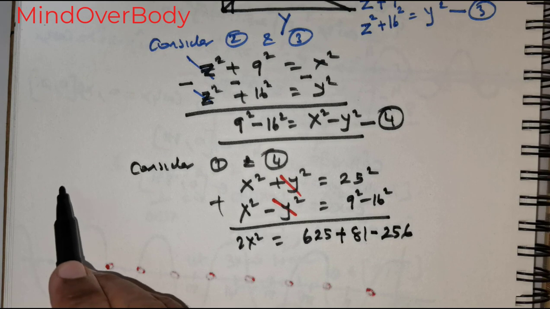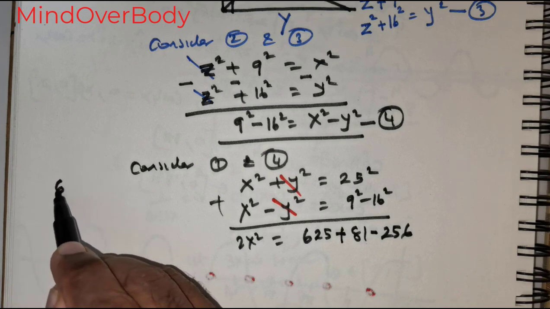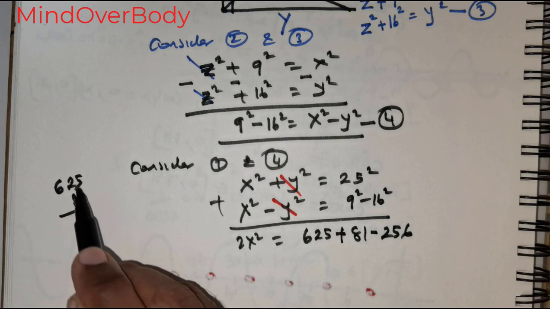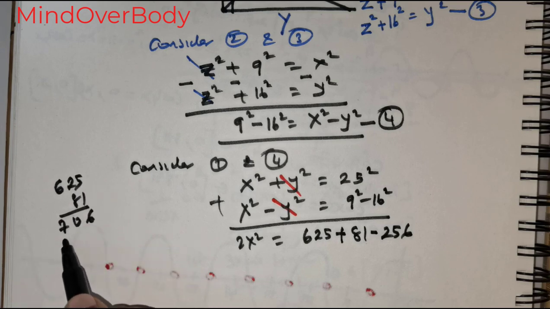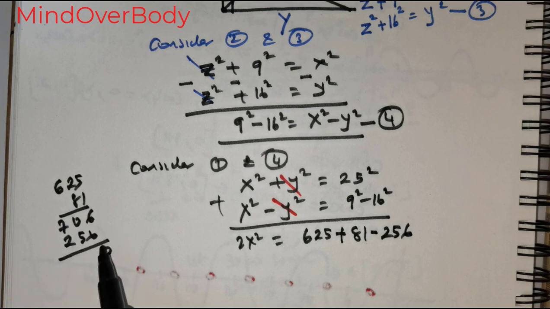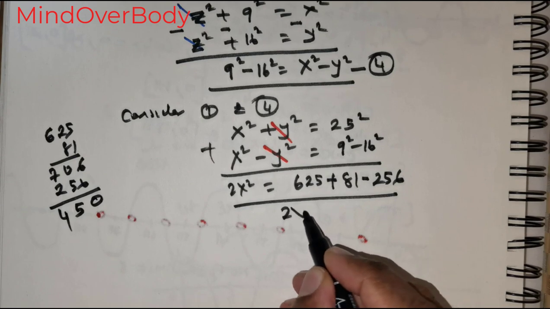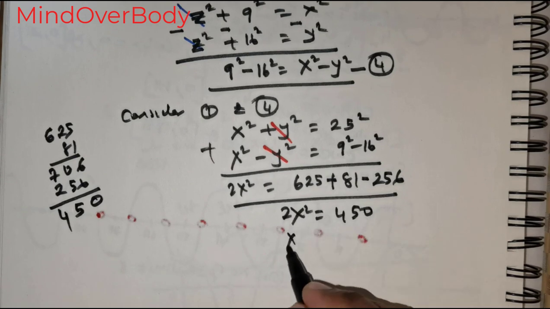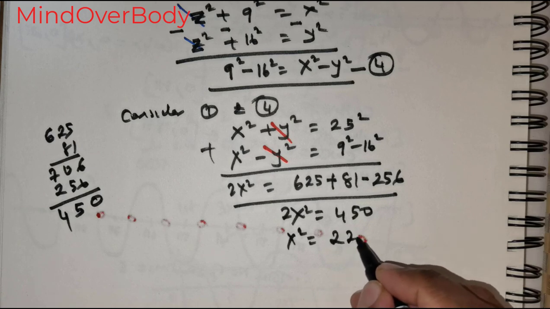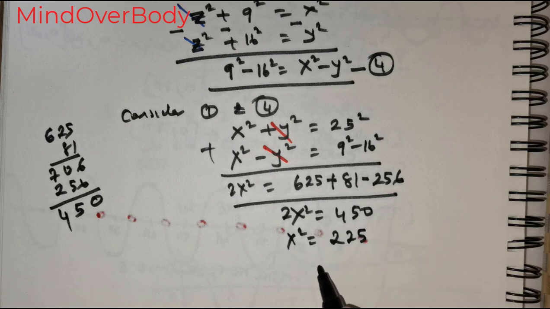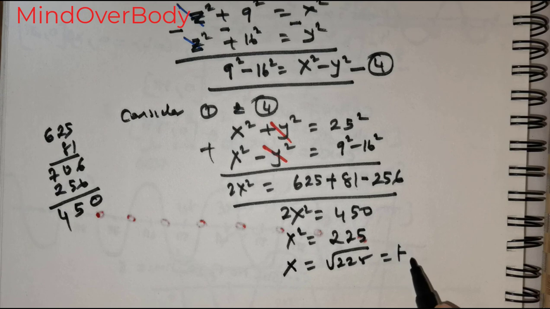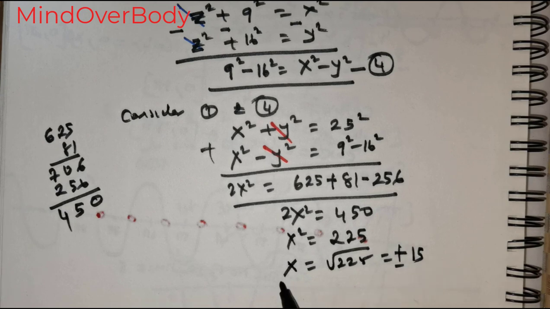So let's add them up and find out. 625 added with 81 is 706, subtract 256, I get 450. So 2 times x squared is equal to 450. So x squared is equal to 225. Therefore x is equal to the root of 225, which is plus or minus 15. But I would take x to be equal to positive 15.